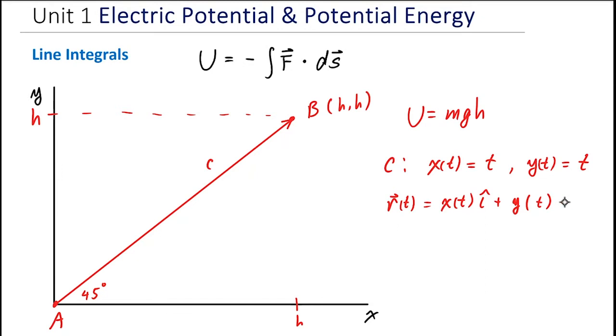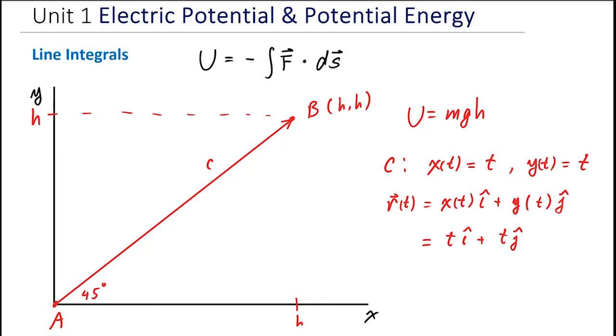In this case, it's just t i vector plus t j vector, right? Or you're more familiar with this component notation. But it makes more sense to use unit vectors. So far, so good.